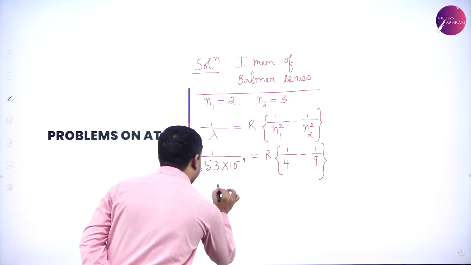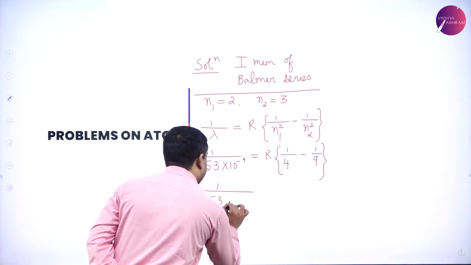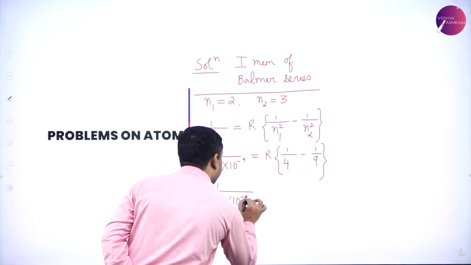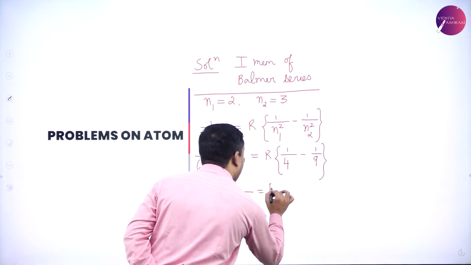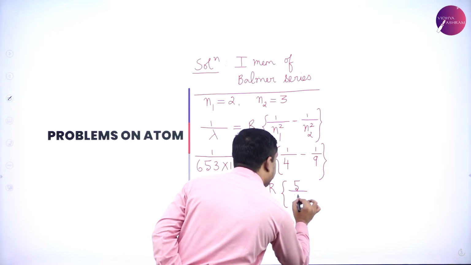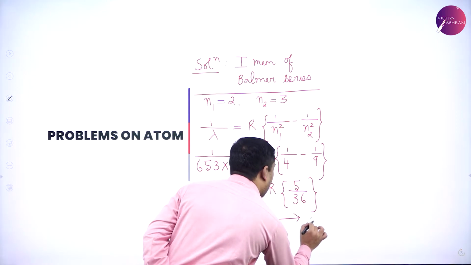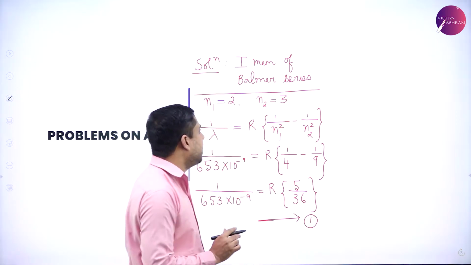or on simplification, 653 minus 9 R. So this turns out to be 5 by 36. I call this equation 1.